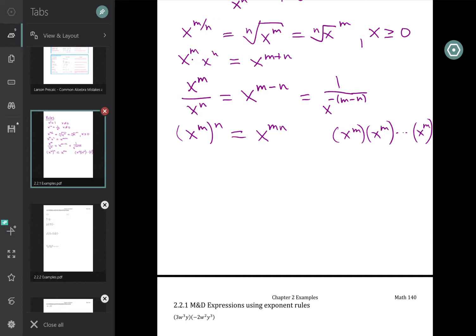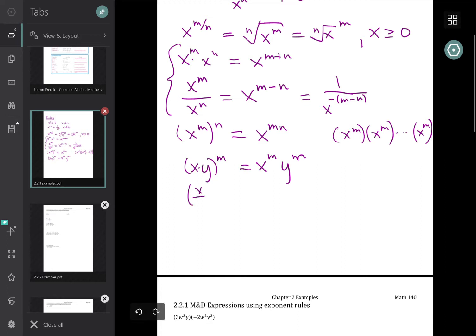The only other pair I can think of, and they really are a pair, is if, instead of having the same base show up twice, you have a product raised to a single power. It is legitimate to say, if I have x times y, m times, then there's going to be m x's and m y's.